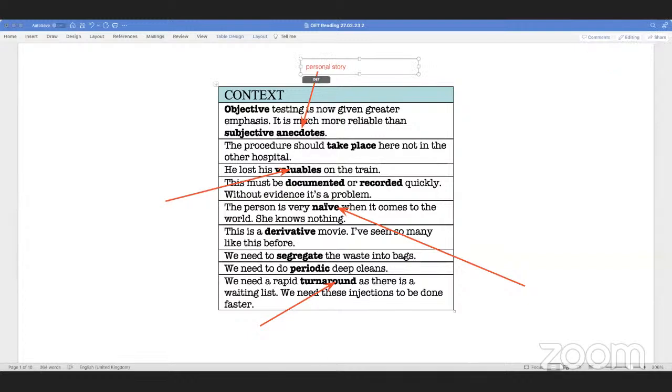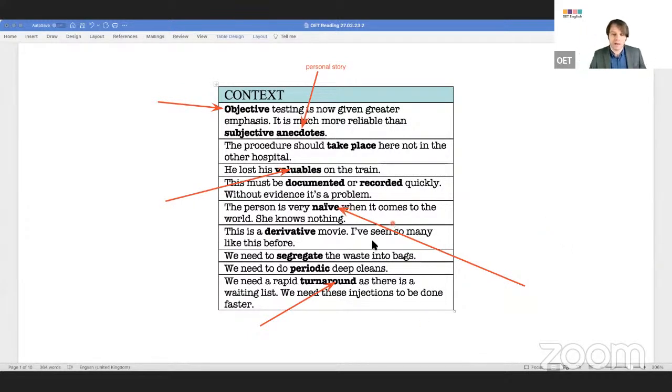No. Right, it's the opposite of subjective. Yeah, science and medicine should be objective. And can I ask you guys just to keep your microphones off after you've given the answer, okay? So objective means scientific, really, or based on evidence. Yeah, okay, microphones off, please.